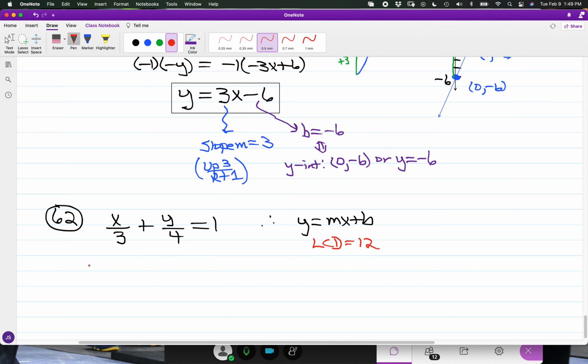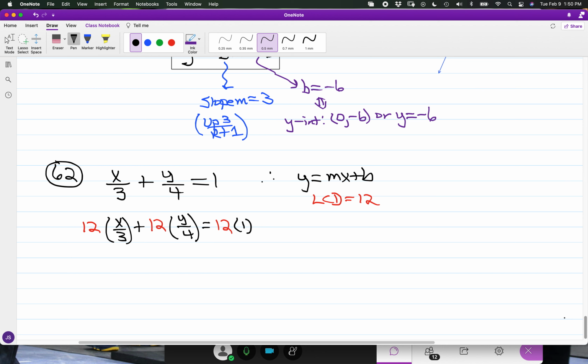So if I multiply everything out by 12, 3 will go into 12 4 times, so we've got 4x. For the next term, 4 will go into 12 3 times, and multiplying by y, you have 3y, is equal to 12.